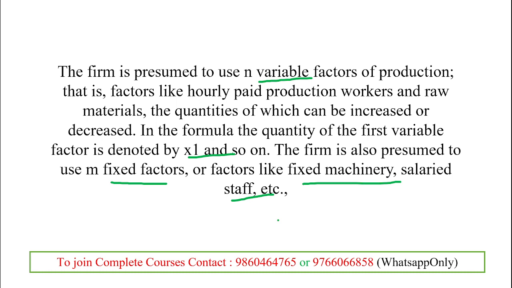So this fixed machinery is the fixed factor. But the firm can change the dynamic or variable factors, like the amount of raw materials and also the number of staff, etc.